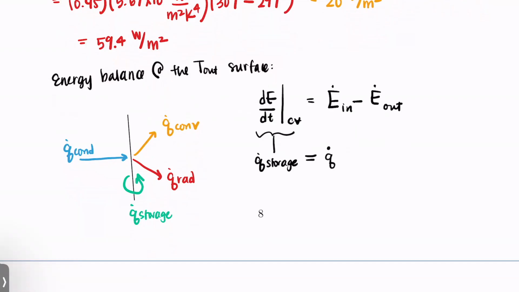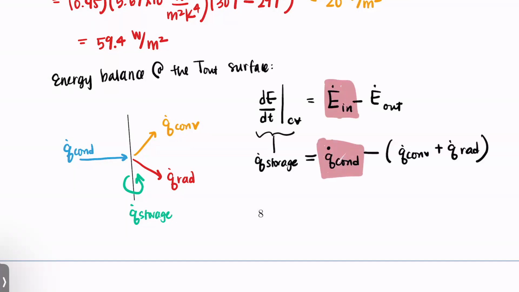So the only thing coming in is Q dot conduction and then minus Q dot convection plus Q dot radiation because those things are leaving. Again, if you were to have drawn your arrows incorrectly, because of the minus sign for minus E dot out, if say, for example, Q dot convection actually was flowing in, you'd end up with a negative Q dot convection here and it would all work out sign wise. So as long as you're consistent with your picture, then you should be good.